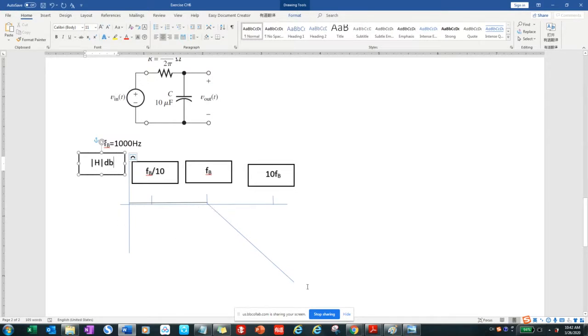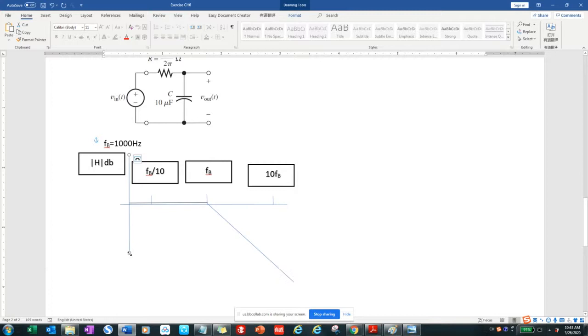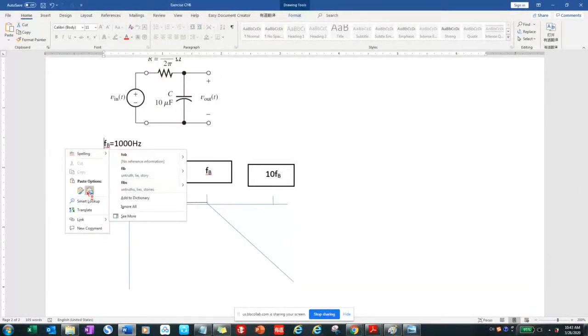Then for the roll-off, that is the slope of this part when the frequency is higher than the break frequency, each decade is going to be reduced by 20 dB. So here you can see this is the next decade, 10 multiplied by FB.